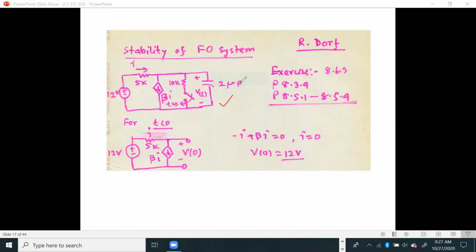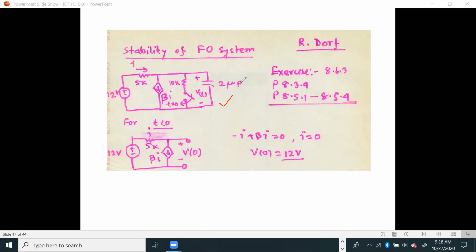And your switch was open for a long time. Then at time t equal to 0, your switch is closed. So you have two states in your system, one before closing the switch and another after closing the switch. Your dynamic state will begin when any change occurs in a circuit, and our change is occurring at t equal to 0.